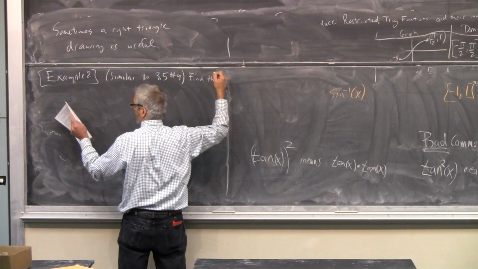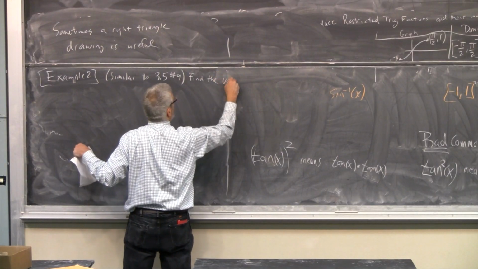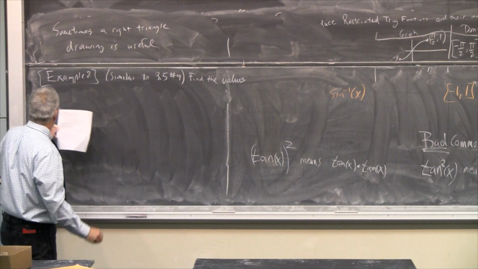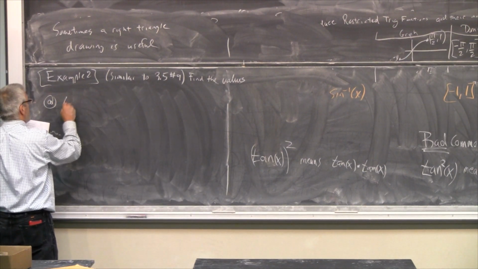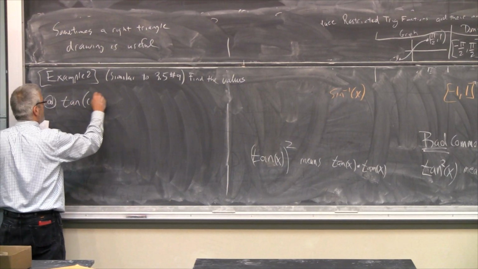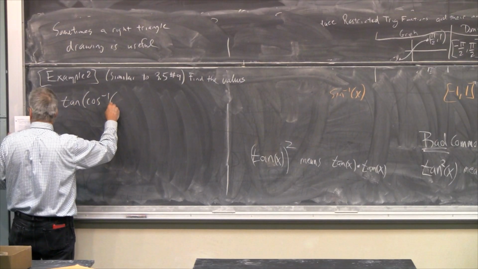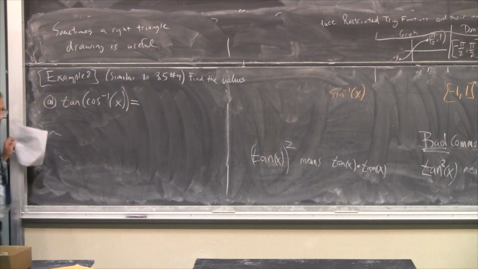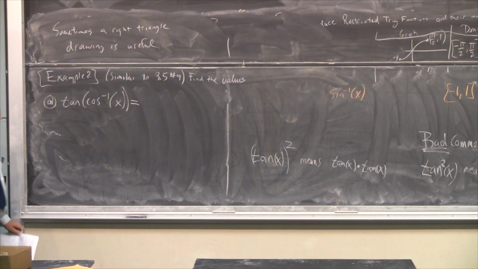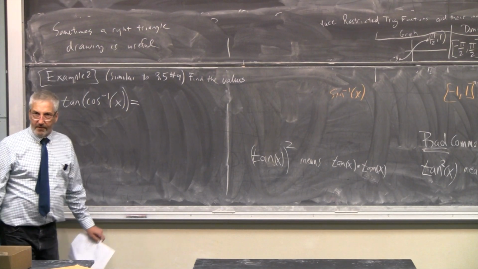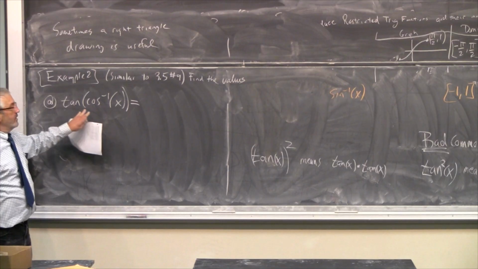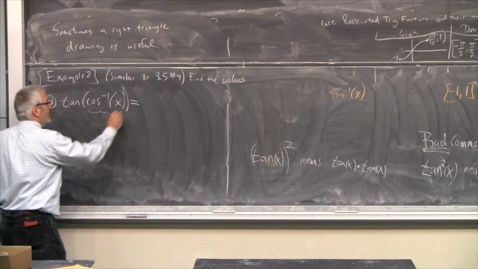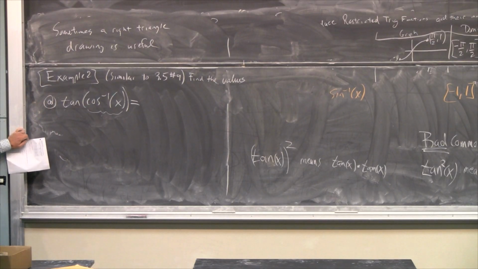So A. So this is asking us to find the tangent of, well, this thing here is the angle whose cosine is x.